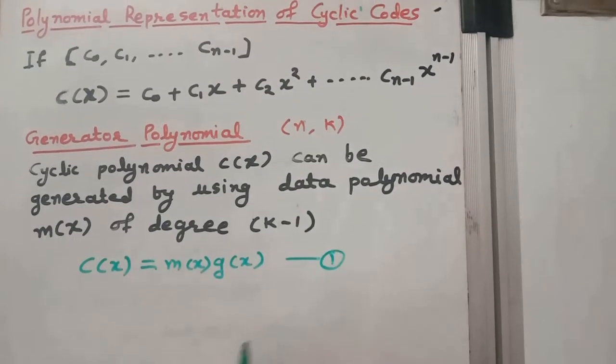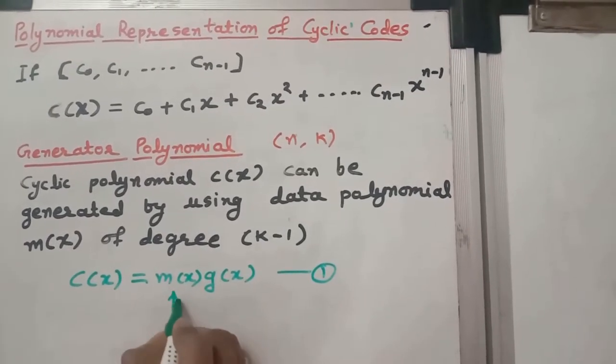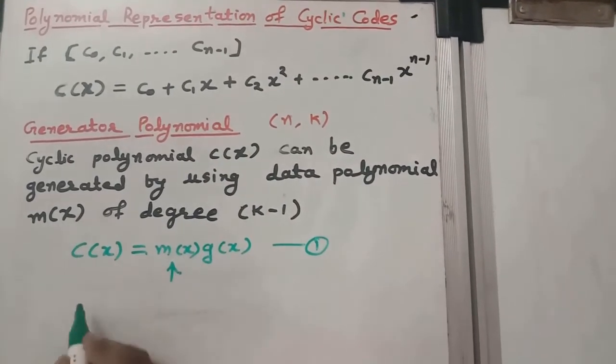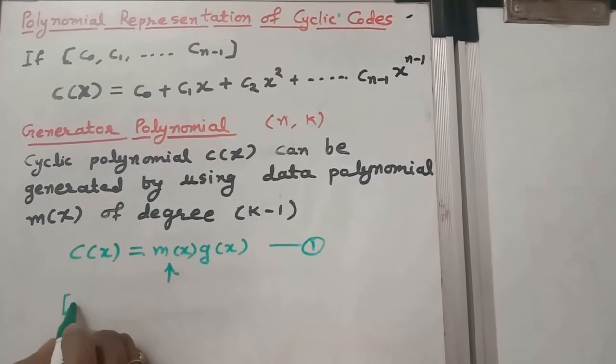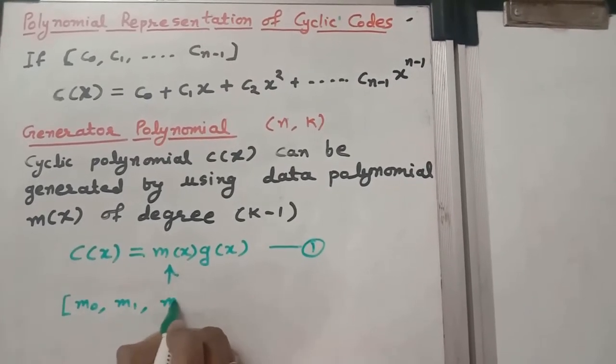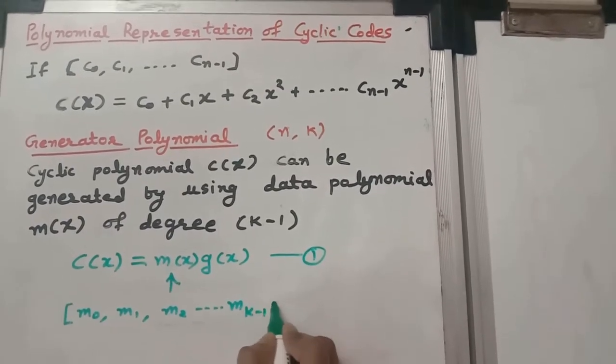Consider this as equation 1. Now this m of x is the message polynomial having the message coefficient bits m0, m1, m2 up to m of k minus 1.